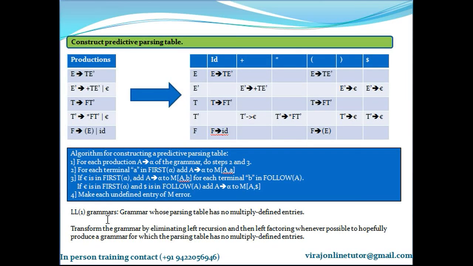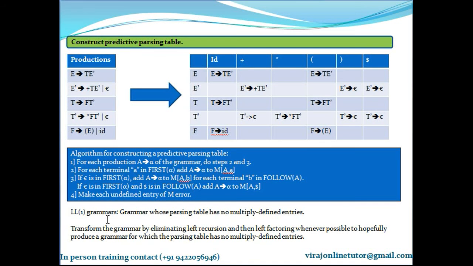In many exam papers, teachers might ask you to check whether a grammar is LL1. What you need to do is first remove the left recursion from the grammar, then perform left factoring, then compute FIRST, then compute FOLLOW, and then compute the predictive parsing table and verify that none of the cells have redundant entries.